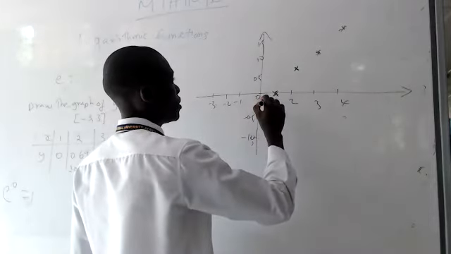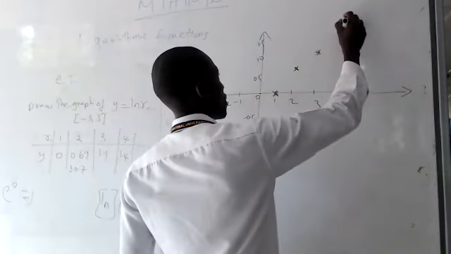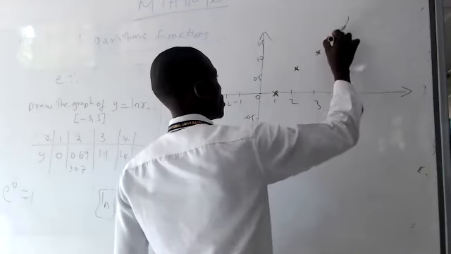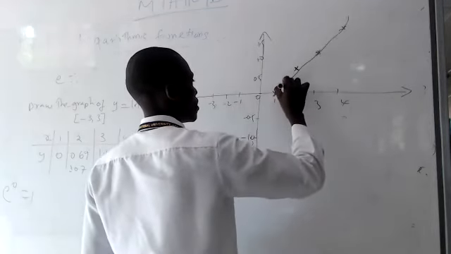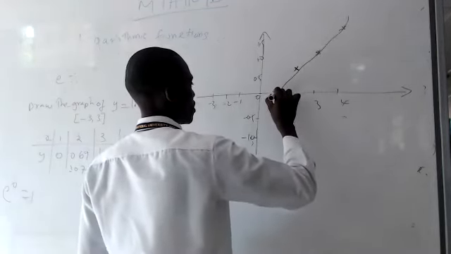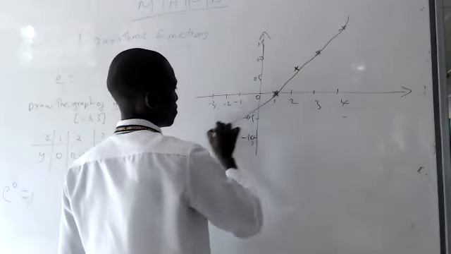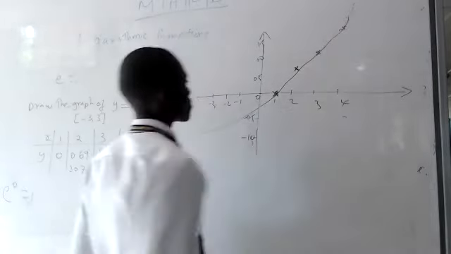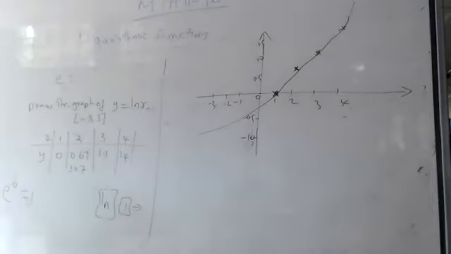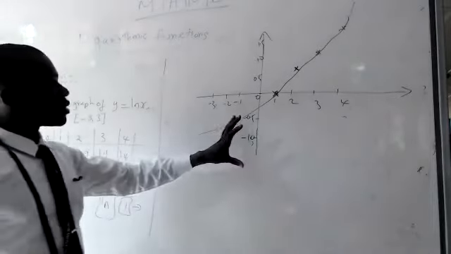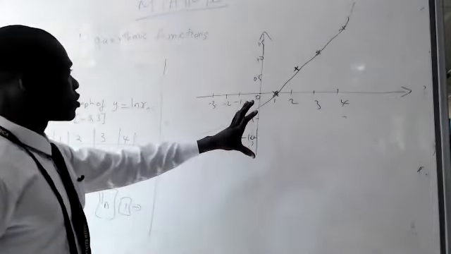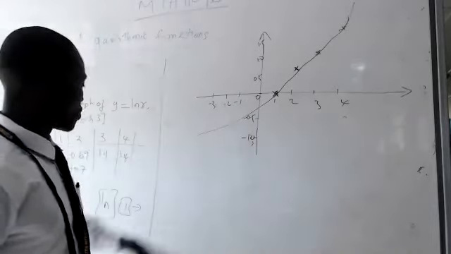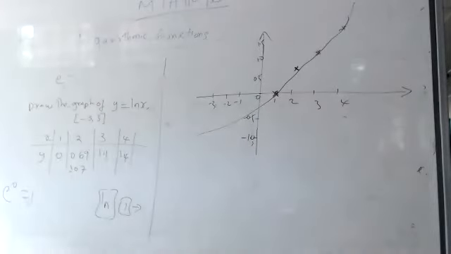And as you can see, this graph is going to go like that. It doesn't look nice, but next time I'll show you how to do this in a computer program, which doesn't make mistakes. It will be very nice.